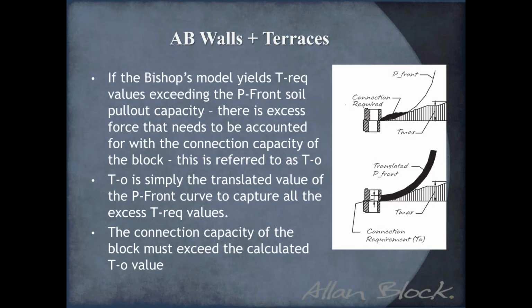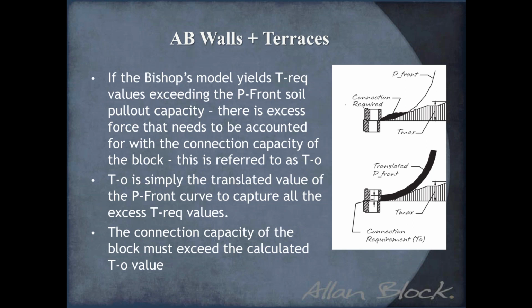So at the front, it's sort of similar in that we're looking at that same pull-out soil capacity curve starting at the back of the block. So for the moment, we're ignoring the block because ultimately what we're looking for is what's required by the connection.